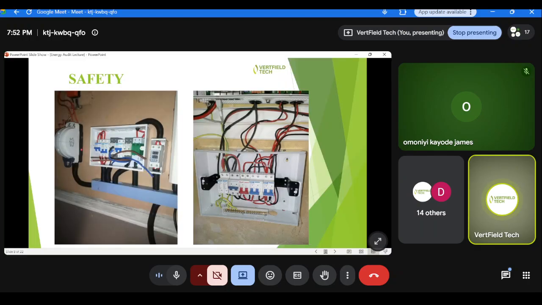So this is how it's expected to be. This is how you do your connections. You can see that earthing cable. It means that this system was well earthed.